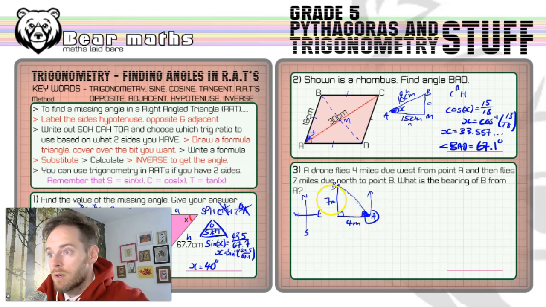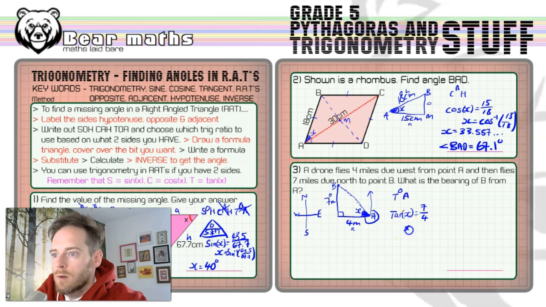We can do that because we've got some lengths here, and we can use trigonometry to do it. So that's our opposite, that's our adjacent. TOA is the one we're interested in, because it's got opposite and adjacent in it. So tan of the angle, let's call it X, equals opposite over adjacent, so 7/4.